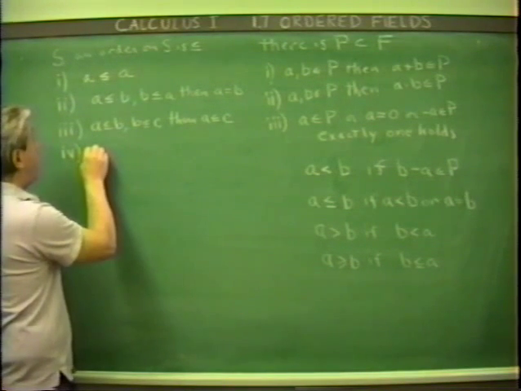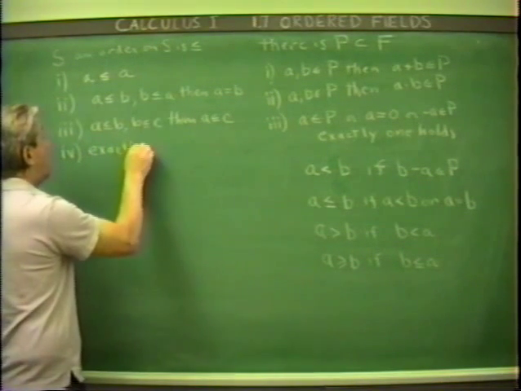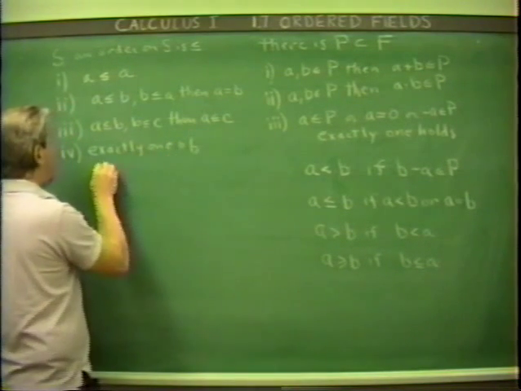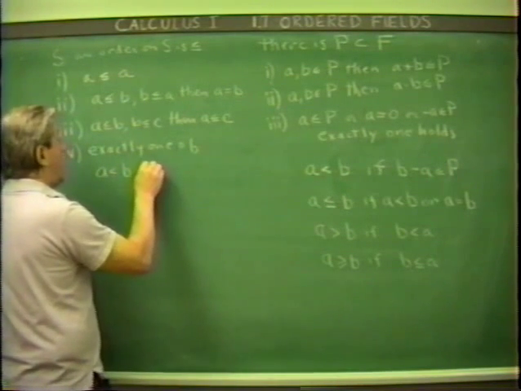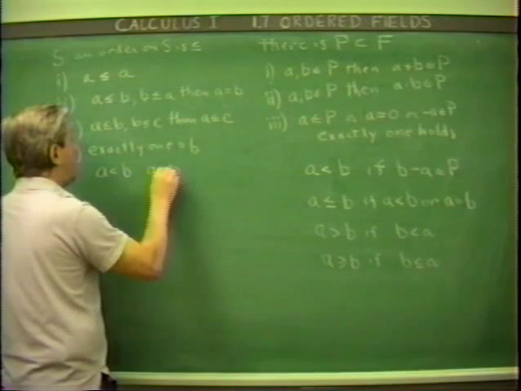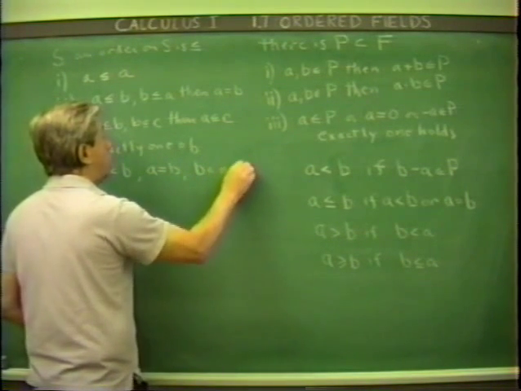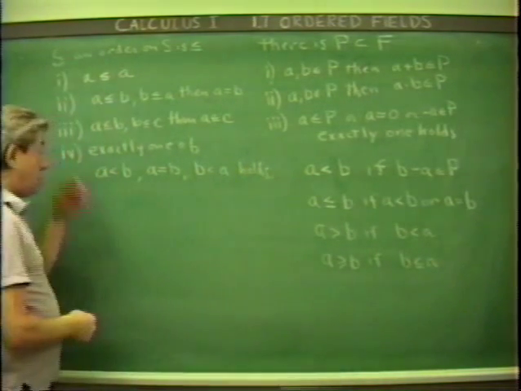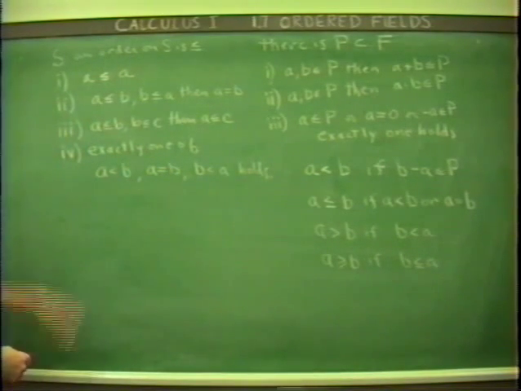Exactly one of the following three holds: exactly one of A is less than B, A is equal to B, and B is less than A holds. That's clearly comparable to this one over here.